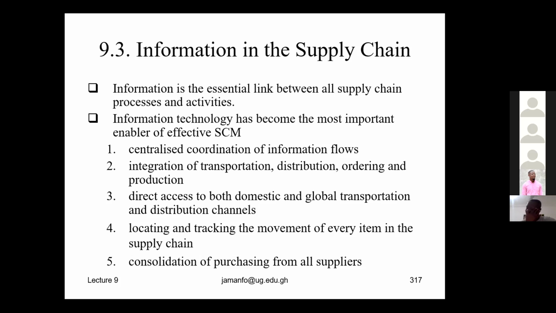Let me give you another example of what RFID can do. Normally when a truckload of items comes into the company, you see people wearing overcoats with their files, with their papers. They discharge it. How many have you got? And then they'll be marking it, checking the quantities that have come. But if we are using RFID, which is put on all the products in whatever boxes they are, all we need to do is for the truck to park close to the discharging points.